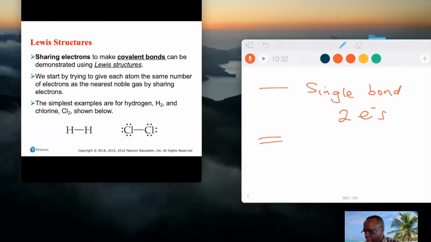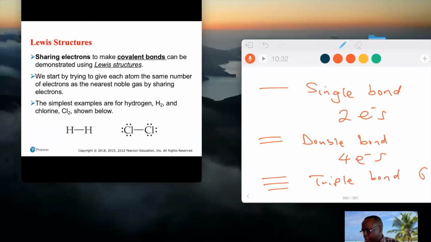This is called a double what? Double bond, and it has four electrons, and then this is a triple bond, and it has six electrons. So when you look at this line, it is understood that they are shared electrons.